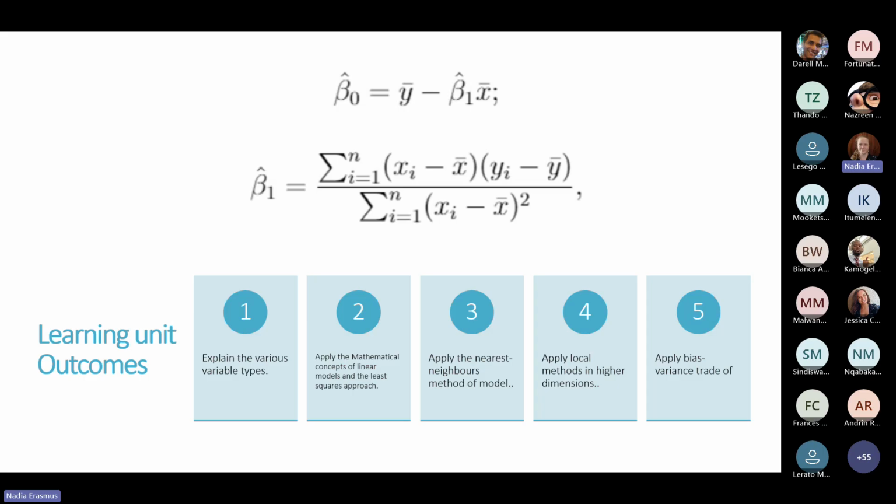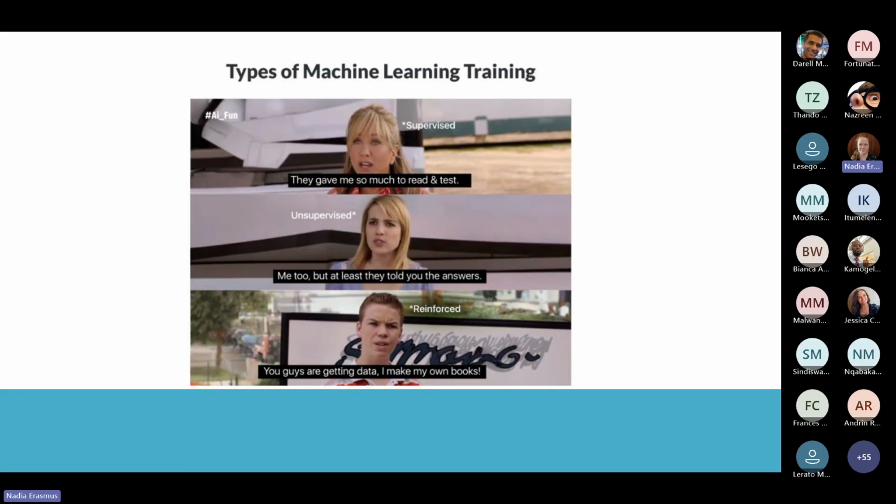Then that's why we're going to focus in this session on the KNN, which is the K nearest neighbor model. It's a mouthful, and that is what we're going to do today. So, supervised learning. Machine learning has different types. I don't know if this is zoomed in enough for you guys, but there is supervised, where they gave me so much to read and test.